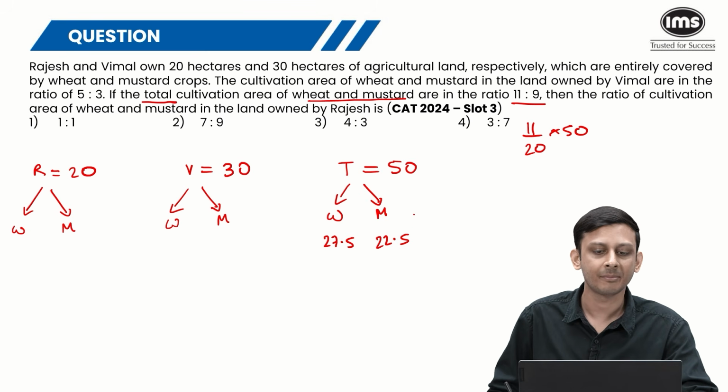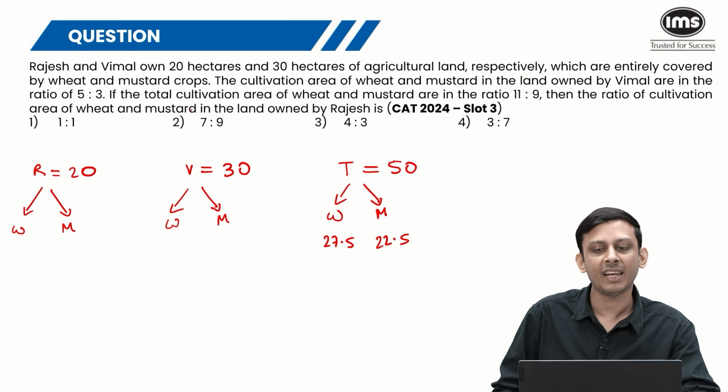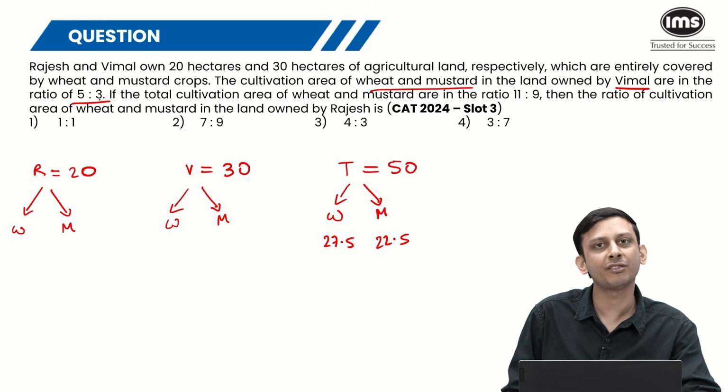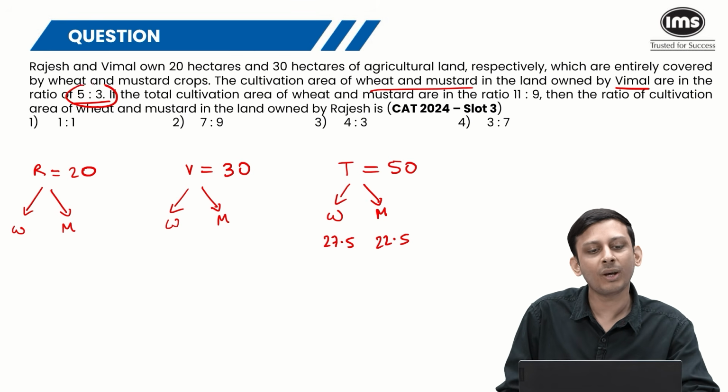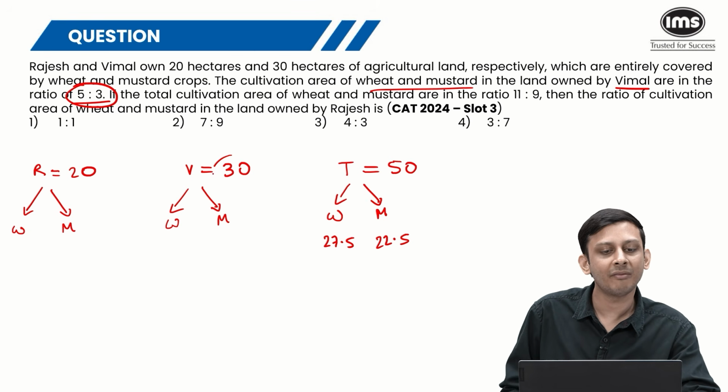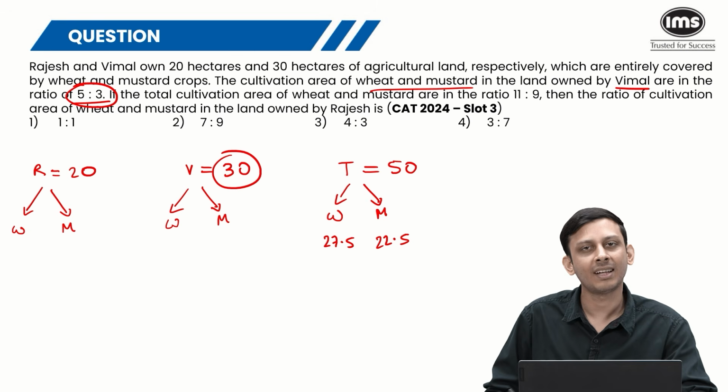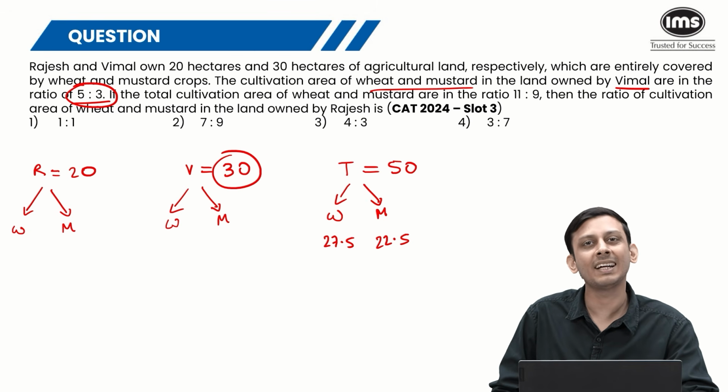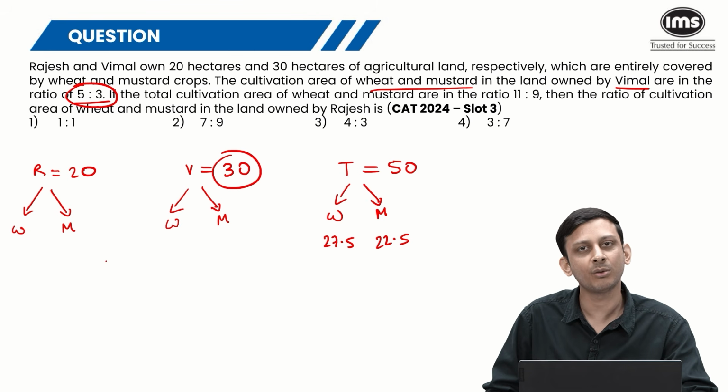Now, of course, we can calculate mustard here, 50 minus 27.5, which is 22.5, but it is not very convenient to deal with decimal numbers. And then if you look at Vimal's value now, the wheat and mustard for Vimal are in the ratio 5:3. Now, 5 and 3 together, 8 parts. But for Vimal, we don't have a multiple of 8. 30 is not at all a multiple of 8. So again, we will not be able to divide it cleanly into 5 parts and 3 parts. We'll get decimal values again.